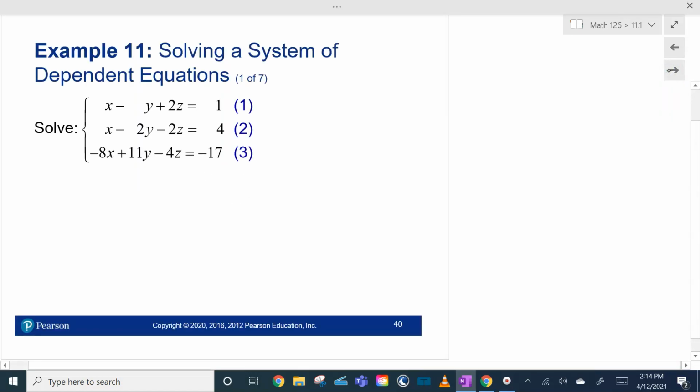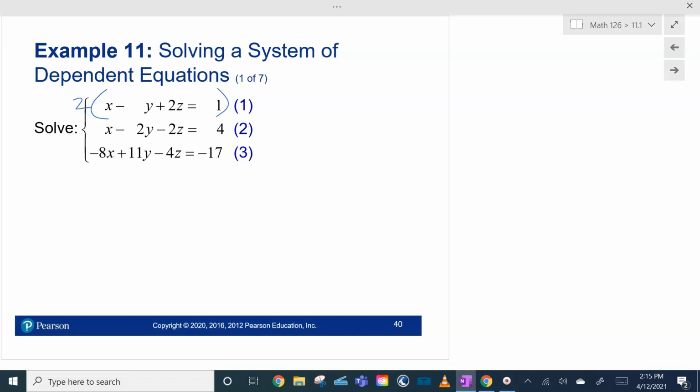This scenario, example 11, solving systems of dependent equations. So let's go ahead and take 1 and multiply it by 2, and let's get rid of z's. So let's do 1 and 3, but I'm going to multiply this one by 2 so that I get rid of my z's.